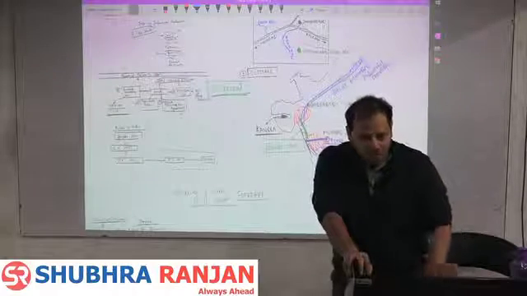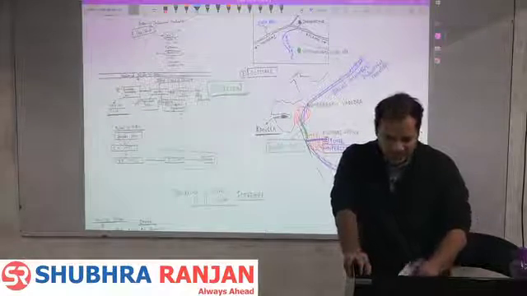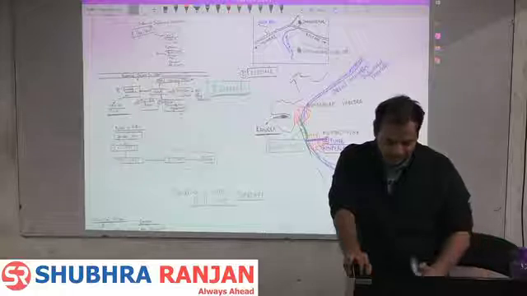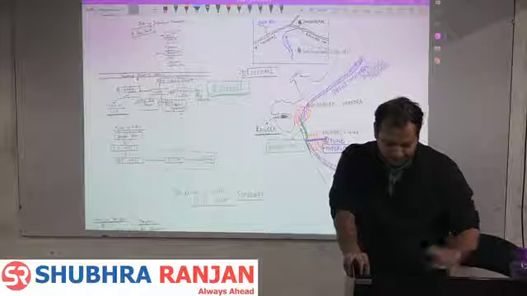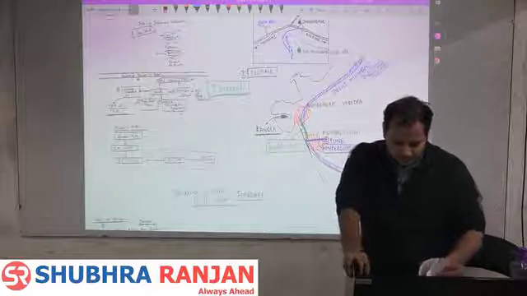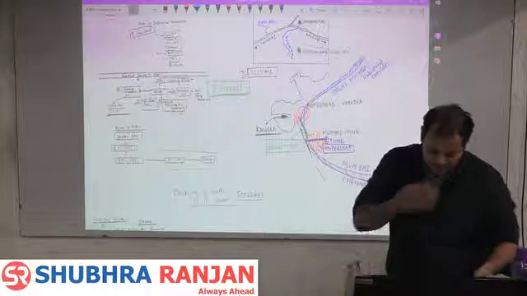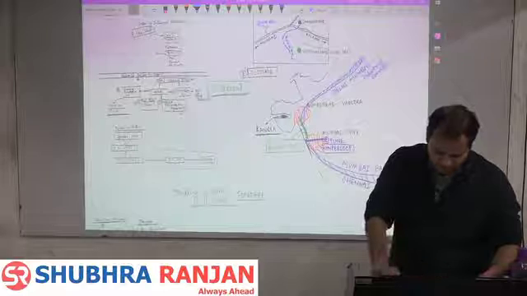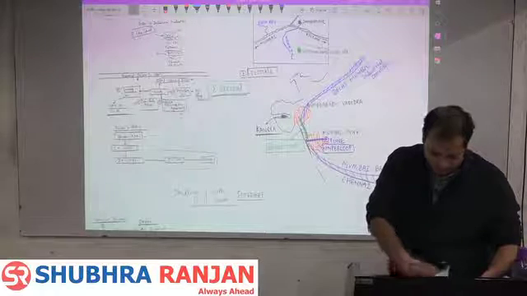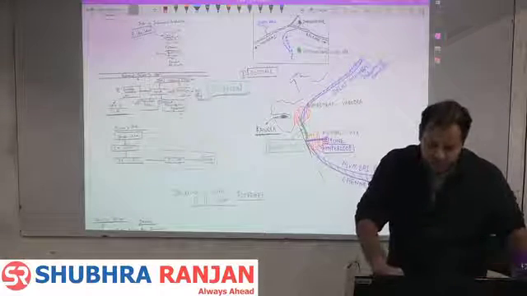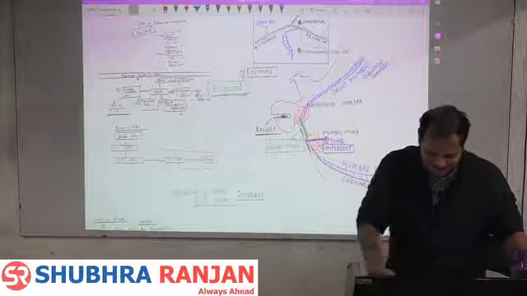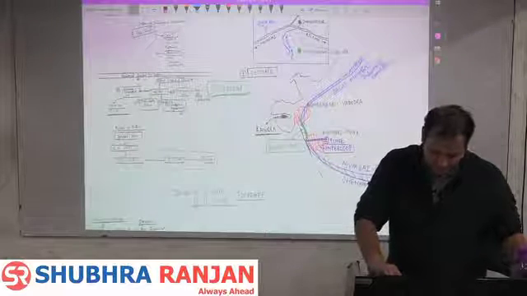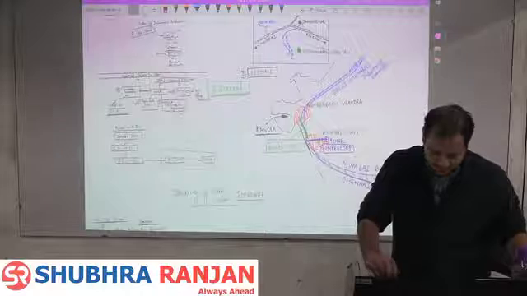The sugarcane industry is recently shifting southwards. Sugar industry, it is not sugarcane industry, it is the sugar industry, is recently shifting southwards.